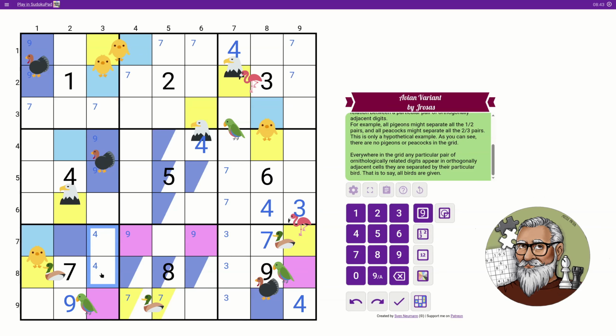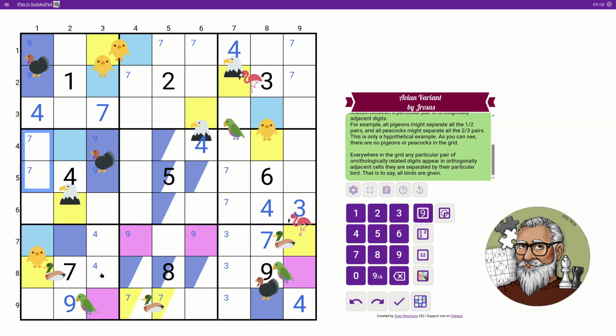This would have to be 4 then. This becomes 7. This becomes 7. So I need 7 here somewhere. Should have most of the 4 now, right?